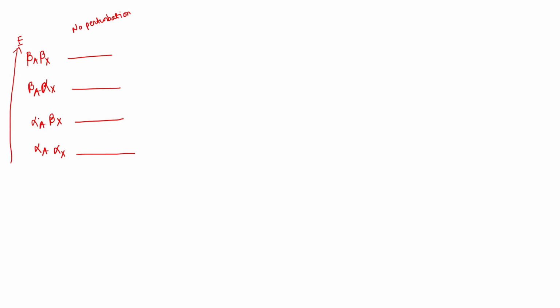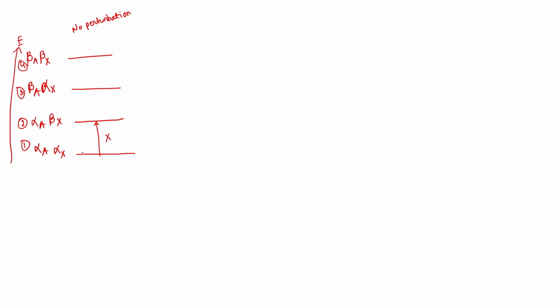For this you can see that this is second, this is 1, this is 3, this is 4. So for a transition from 1 to 2, you can see that there is only spin change for X, right? If I go from there to there, only spin change for X.